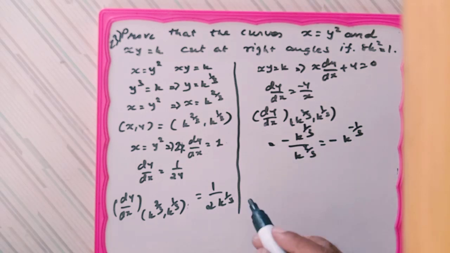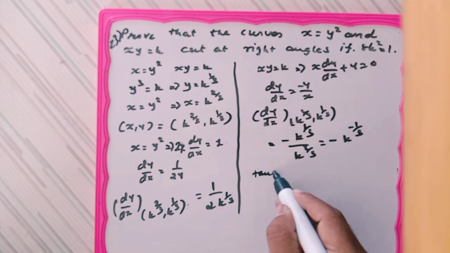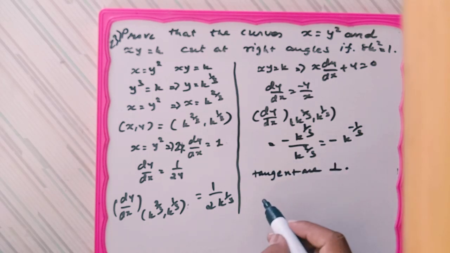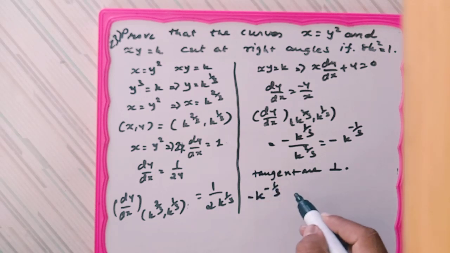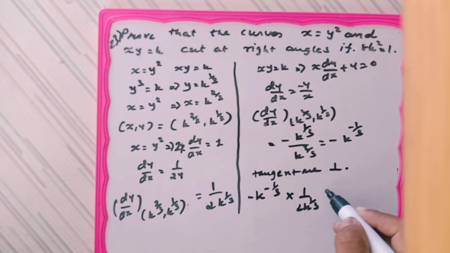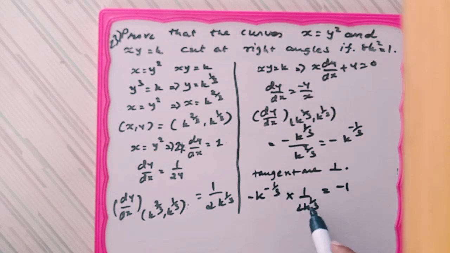Now for both slopes, the multiplication, the tangents are perpendicular, and therefore -k^(-1/3) times 1/(2k^(1/3)) = -1. So the power comes down, and -1 upon 2k^(2/3) = -1.